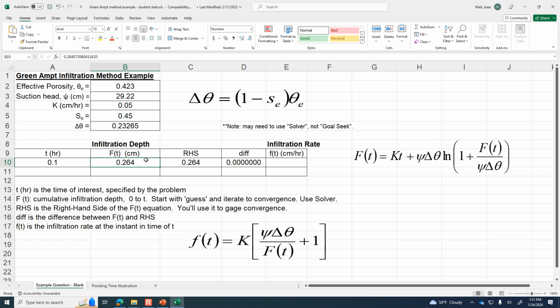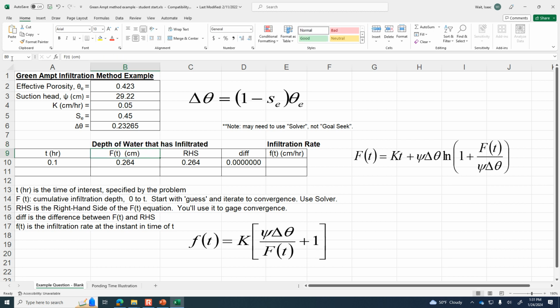That doesn't mean that's how far the water has penetrated. That means that's the amount of water. And so when this says infiltration depth, I suppose that's kind of a misnomer. To be more precise, we could say depth of water that has infiltrated.